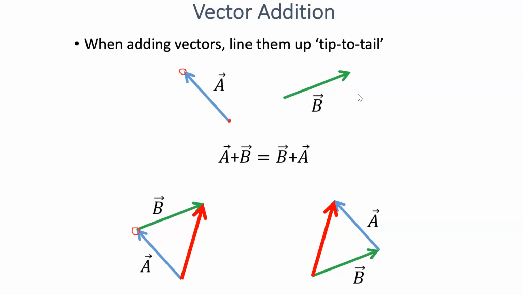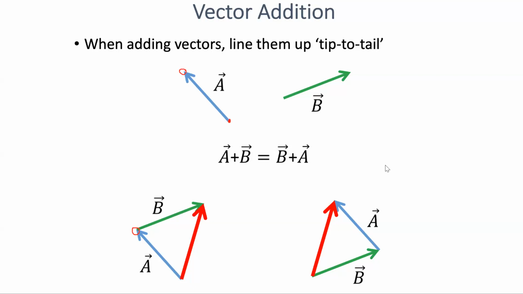To prove they're both the same, obviously there are no numbers here, but if we were to add B first, we draw vector B exactly like it is up here, and then take the tail of vector A and connect it to vector B's tip, we find that the resultant is the same. So that's vector addition. So we can move on.